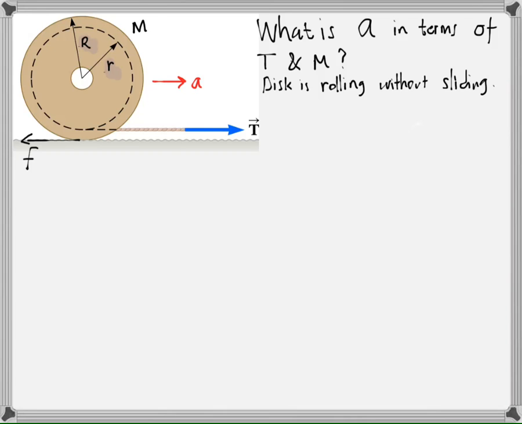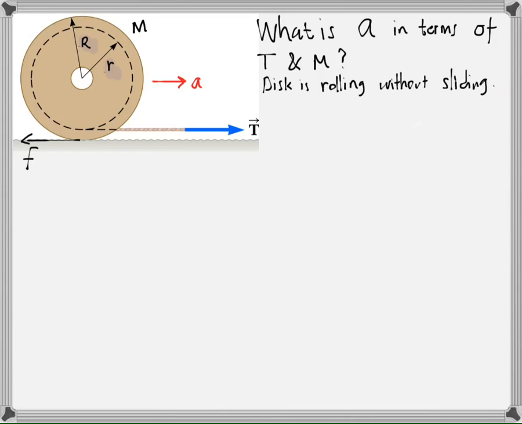So the question is, I will find the linear acceleration of the spool, a, in terms of the applied force T and the mass of the spool. So what to do? What is the third force?